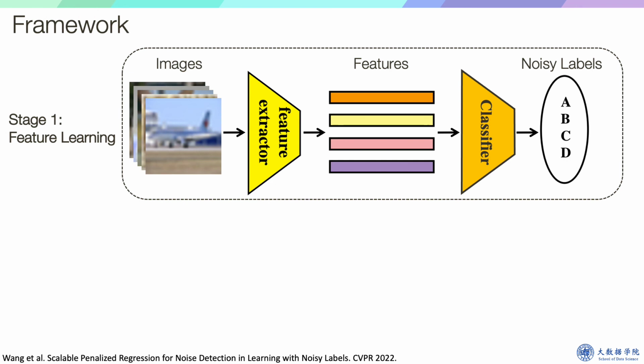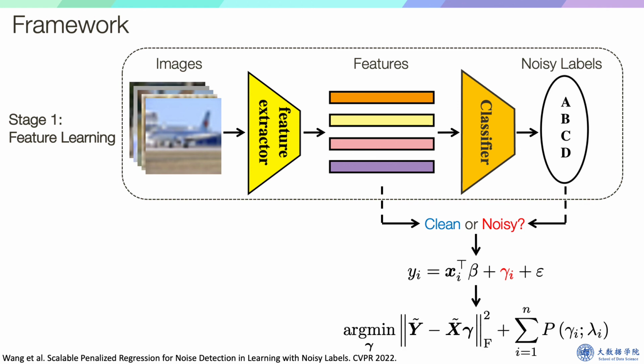In the first stage, the network is trained with cross-entropy to extract features and classify labels. As there are noisy labels, the network is not well trained. To solve this problem, we need to identify noisy data and remove them from the training set. We assume a linear relation between the features and one-hot labels, and those that break this assumption will be identified as noisy data.